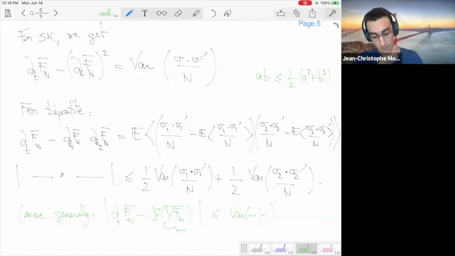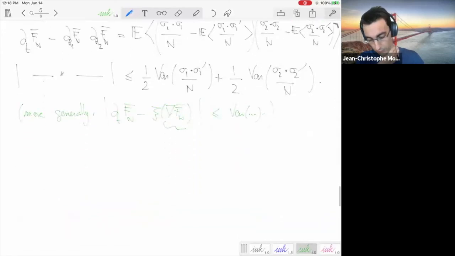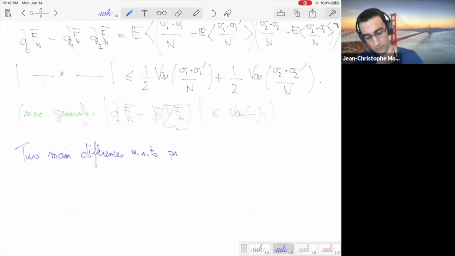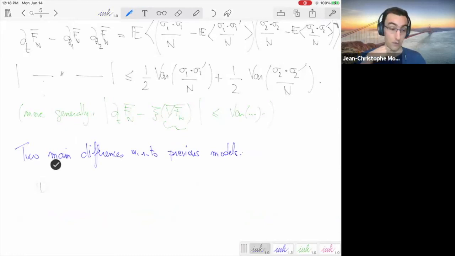So there are two main differences. The first one is that these functions are neither convex nor concave.